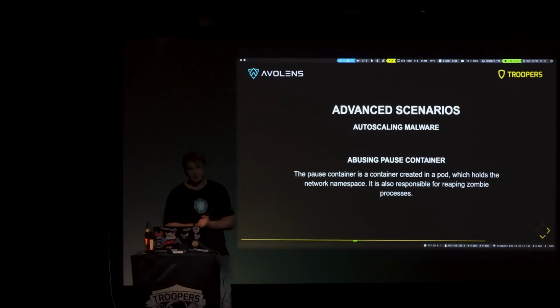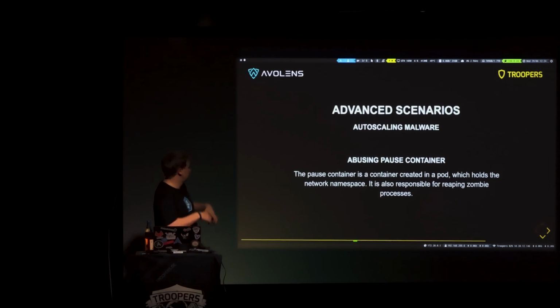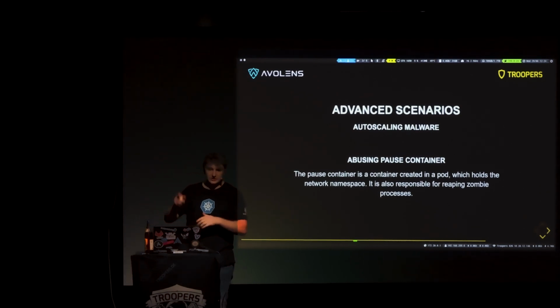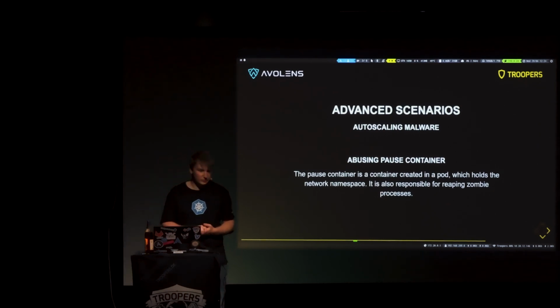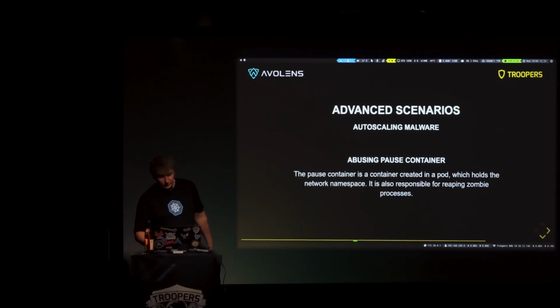For those of you who have never heard of it, it's a container running in every pod, under the radar of the Kubernetes API. It holds the network namespace open in case a container restarts, so that your container gets assigned the same IP address. It's also responsible for reaping zombie processes, so that there are no zombies running inside your Kubernetes cluster. So let's abuse this one.